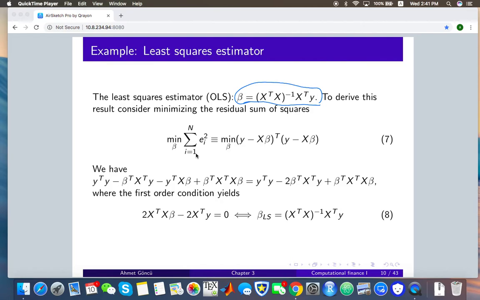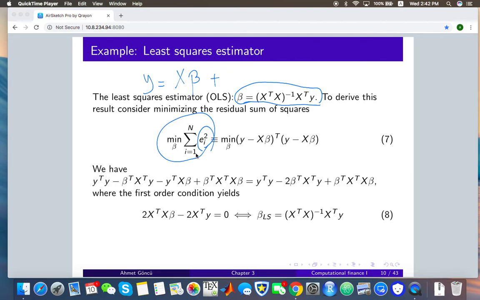How we obtain this comes from this minimization problem. So this is the residual sum of squares from our typical regression problem, where you have the data x, some coefficient vector beta, and these residuals e.